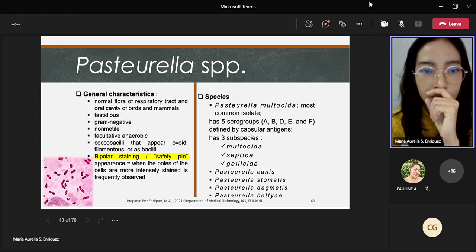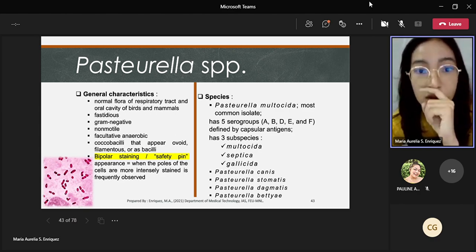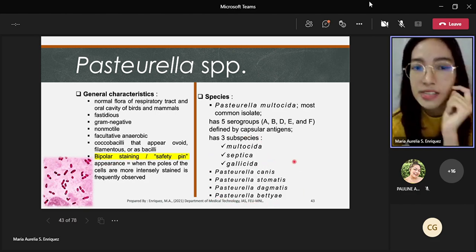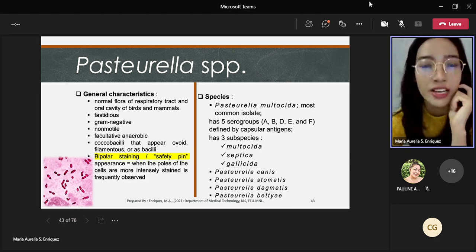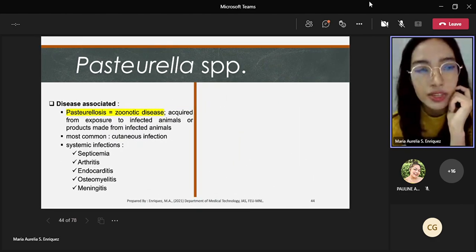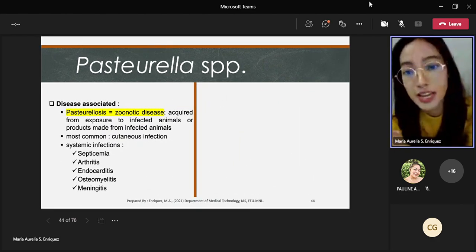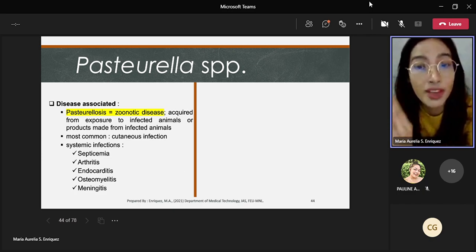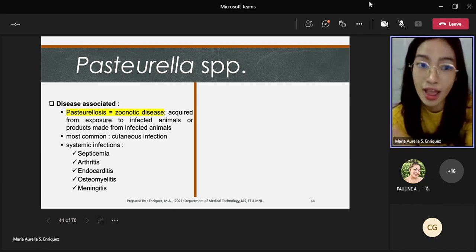Ayan po. Now, the most common isolate for this genus is Pasteurella multocida. Hindi na po natin iisa-isa ito kasi hindi naman din sila ganun ka clinically significant. And so pasteurellosis is a zoonotic disease, meaning this could be acquired from infected animals or animal products.